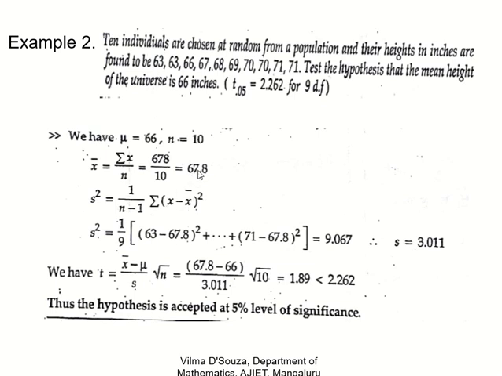So what is x minus x bar whole square? 63 minus 67.8 whole square plus again 63 minus 67.8 whole square plus 66 minus 67.8 whole square plus 67 minus 67.8 whole square and so on. x takes values 63, 63, 66, 67 and up to 71.